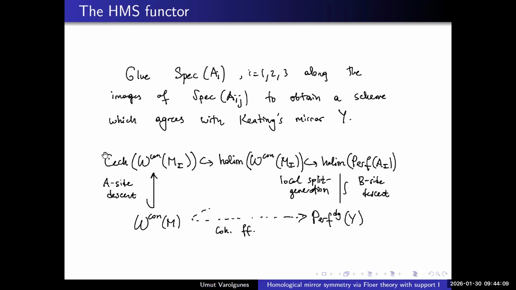And the point is that I could actually skip the Čech construction and just go to the homotopy limit of these categories. You know what this homotopy limit of A infinity categories is? Homotopy limit means you're in a diagram of A infinity categories, you choose an object, and then you map it by a map, and there is an object that you had previously chosen there as well, and then you fix a map between them.